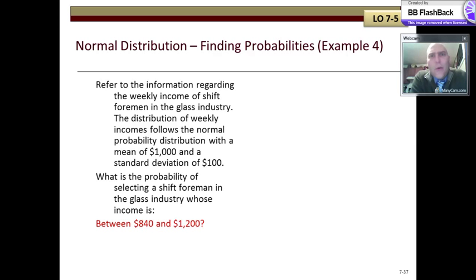It doesn't go to 1,000 or start at 1,000. It's not a tail. It's not less than a certain number or greater than a certain number. And lastly, 840 is less than the mean and 1,200 is greater than the mean. So I'm probably going to have a couple of areas that I need to add up, but let's not get ahead of myself. Raw score to z-score to area to probability.